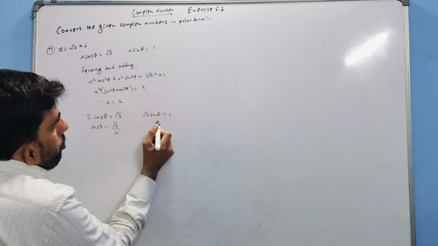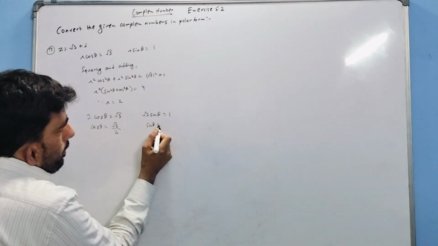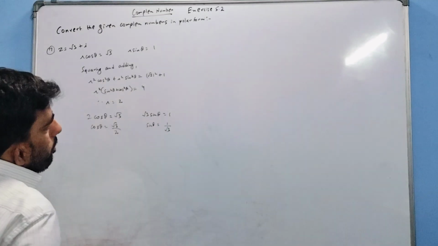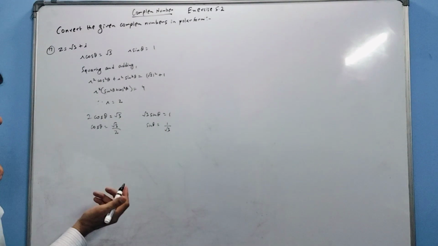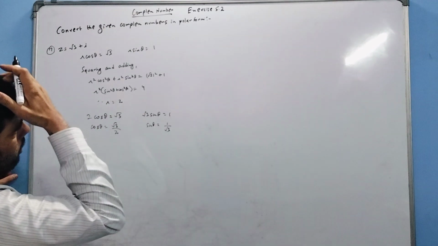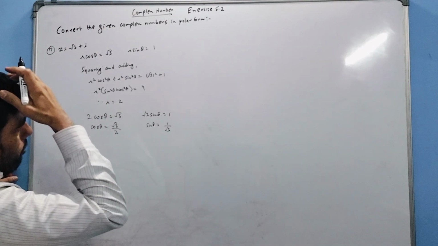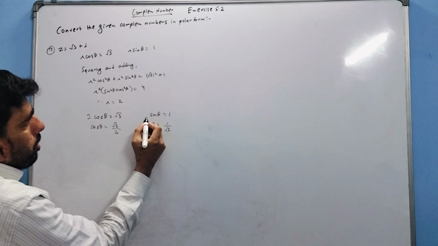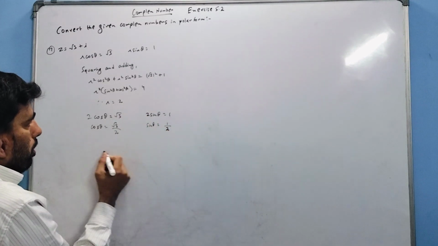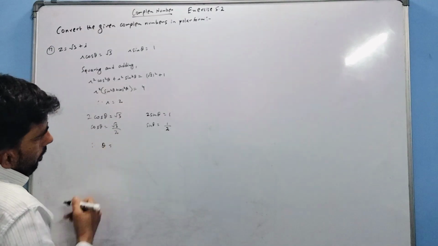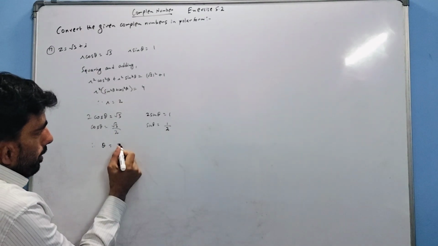Now we know the value of modulus. r sin theta is equal to 1. So we have sin theta is equal to 1 upon 2, and cos theta is root 3 upon 2. We know that both are positive in the first quadrant. Wait, here I have made a mistake. That is 2 here, so it will be half here. So therefore theta will be pi upon 6.